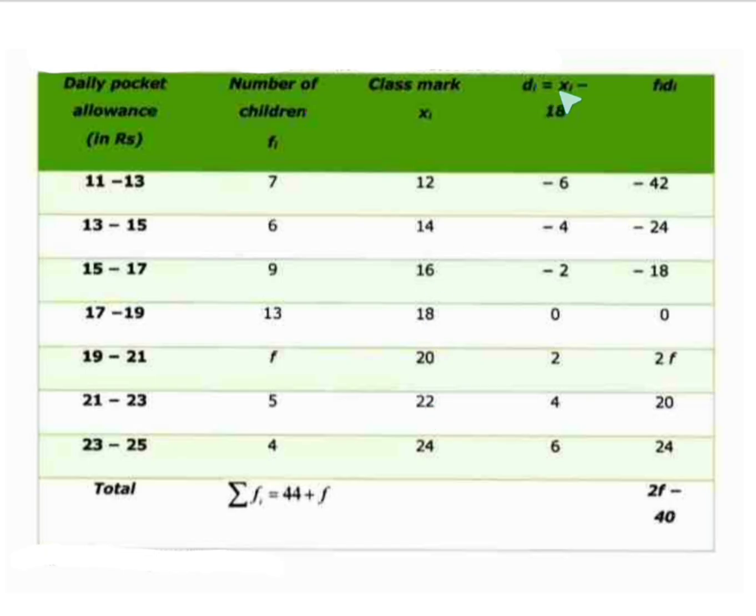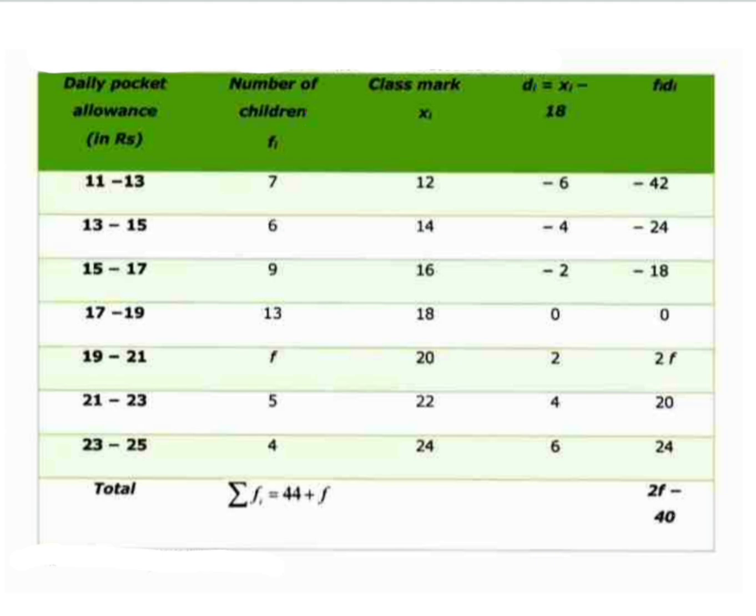Now d_i is equal to x_i minus 18, because it's a lengthy number. We should use the assumed mean method here. What should we take for this a?